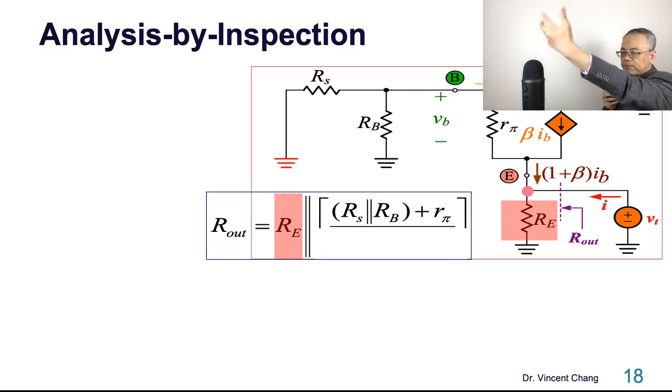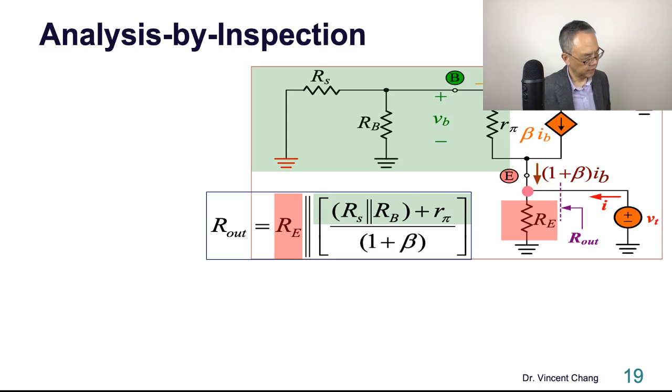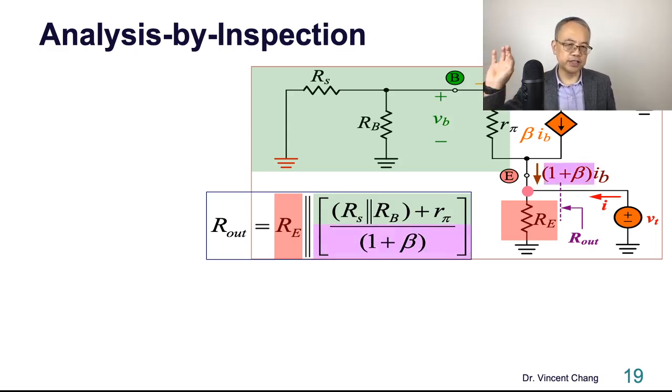So something from base going back to emitter should be divided by the 1 plus beta. So this is also an alternative version of the resistance reflection rule.